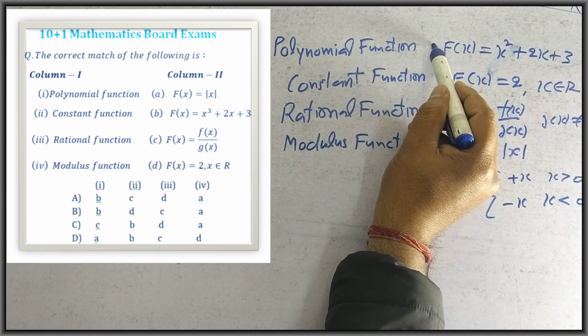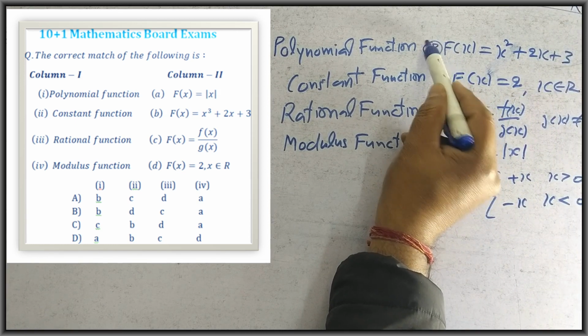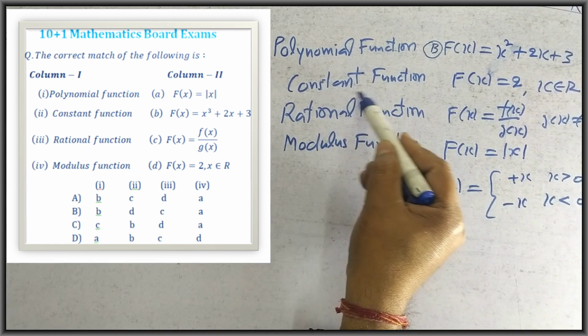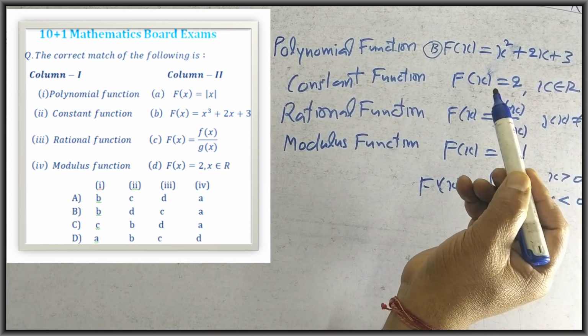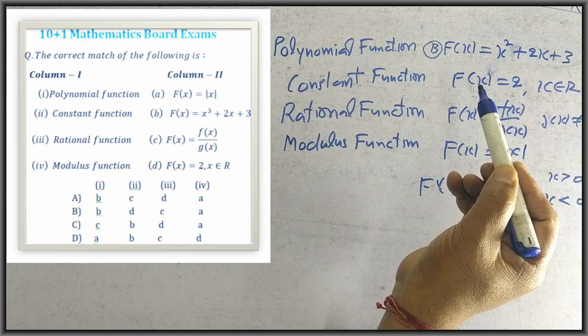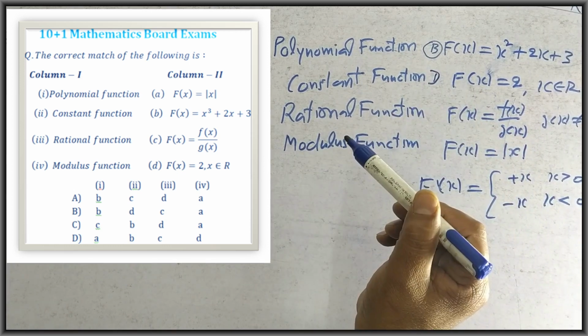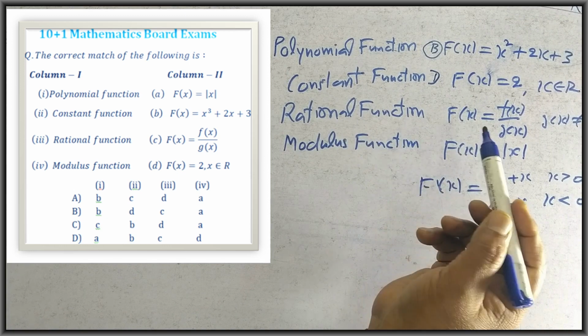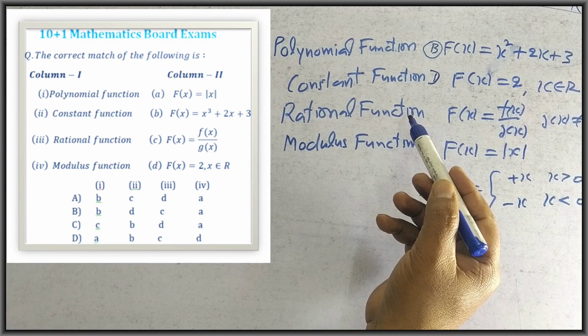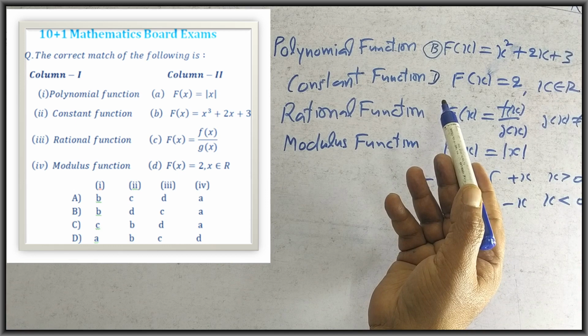This is B part, polynomial function. And then we have constant function. The match for constant function is D, right? And rational function is C.